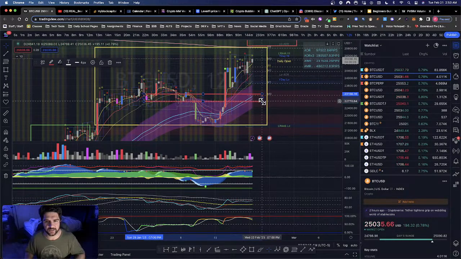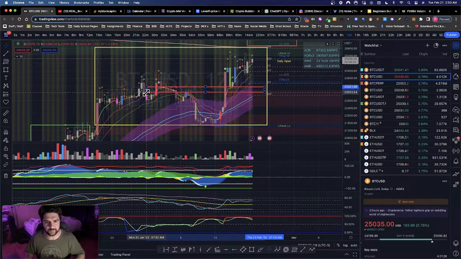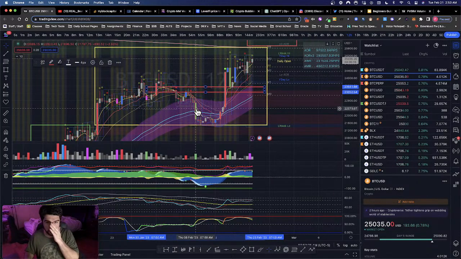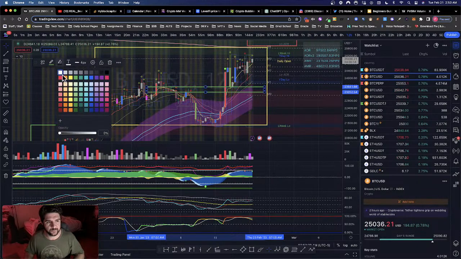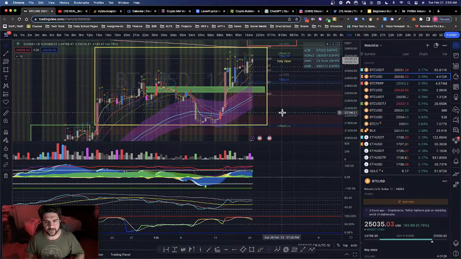So you wouldn't want to come anywhere below this zone right here, monthly support 0. You wouldn't want to come below that for me to be considering that this is still level 2, because market makers are net long from that level right there.